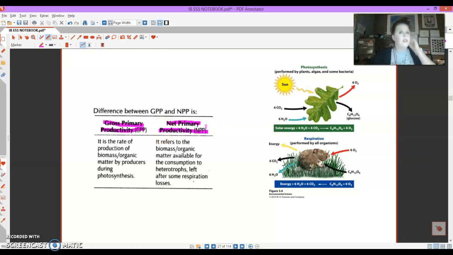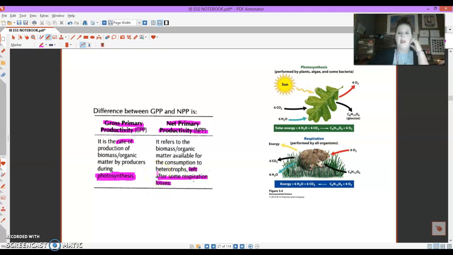Okay, I'm going to give you an easy way to remember this. All right, so let's look at the definition first. So the gross primary productivity is the rate. It's the rate of photosynthesis. Okay, simple. The rate of photosynthesis. The net primary productivity is what is left after respiration losses.